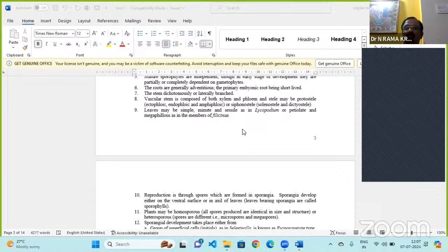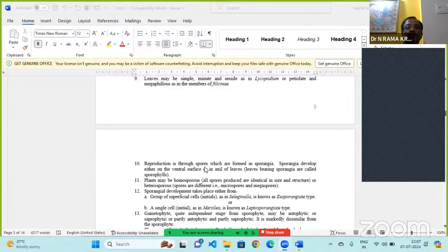Asexual reproduction by spores: the reproduction is through spores which are formed in sporangia. Sporangia develop either on the ventral surface or in the axil of leaves. Leaves bearing sporangia are called sporophylls. This is the most important.